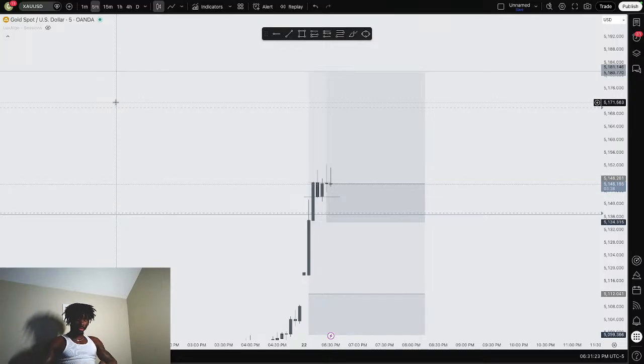What I can do to trade this, trading from level to level, is actually... that one makes sense.